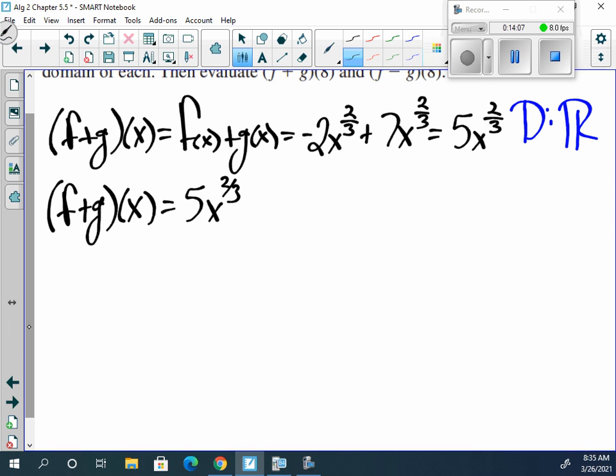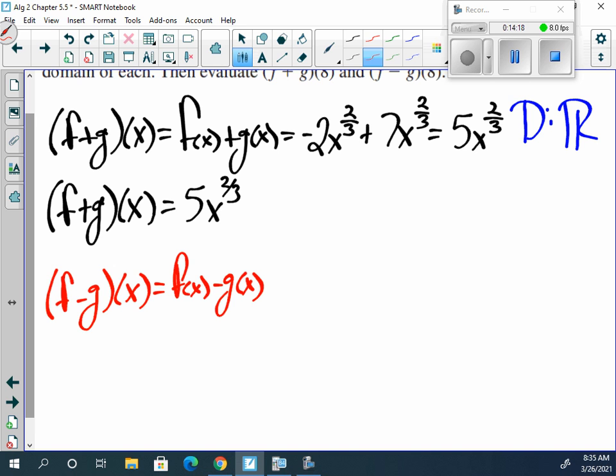Okay. Switch over. Now we also need to find f minus g of x, which is our f of x minus g of x. All right. So just like with addition, we'll replace f of x with negative 2x to the 2/3.